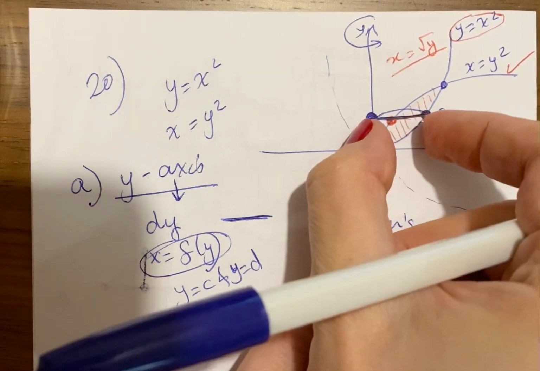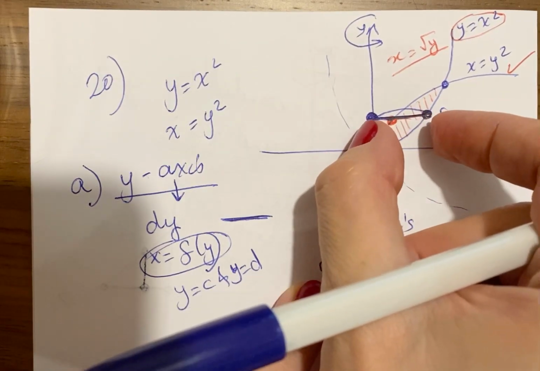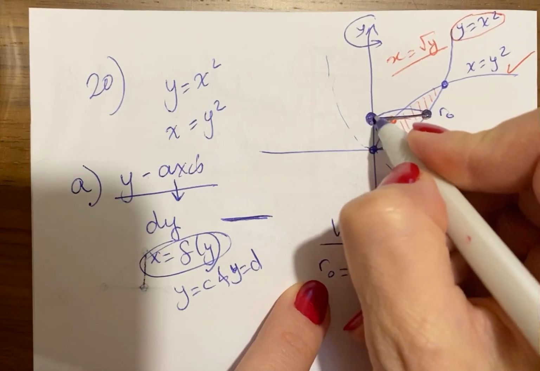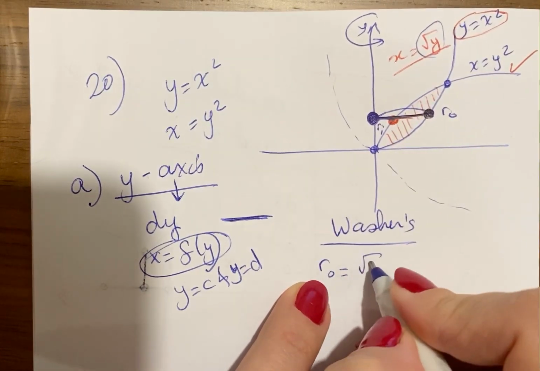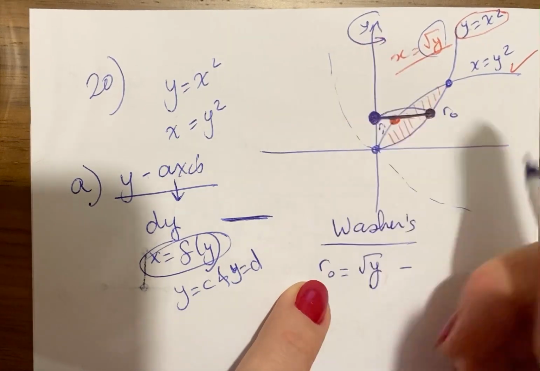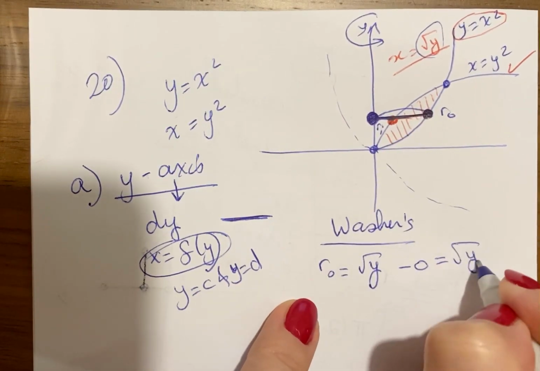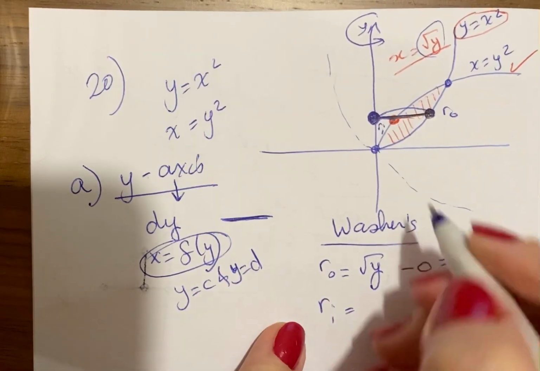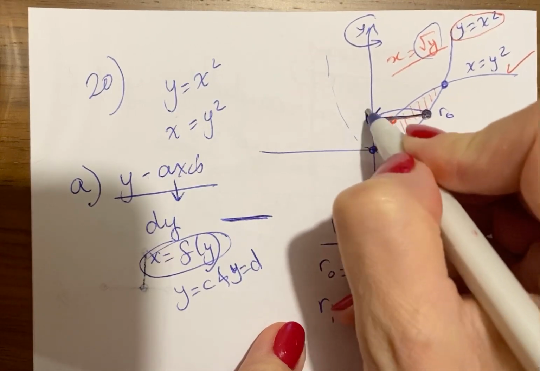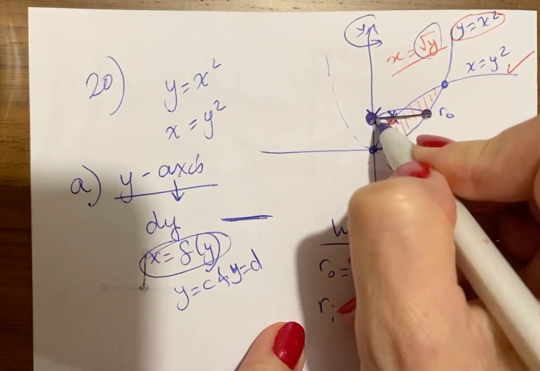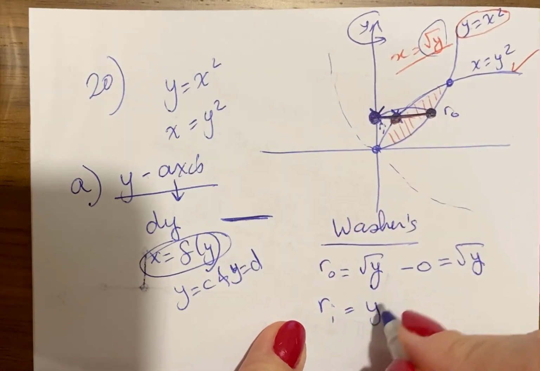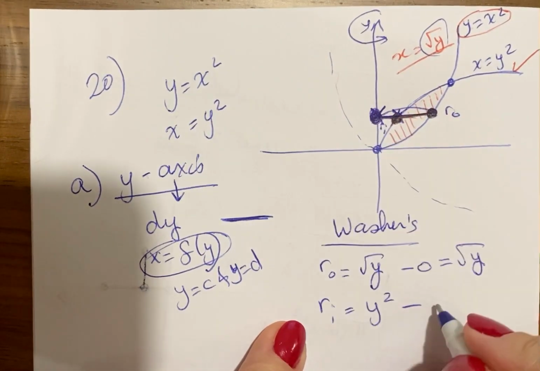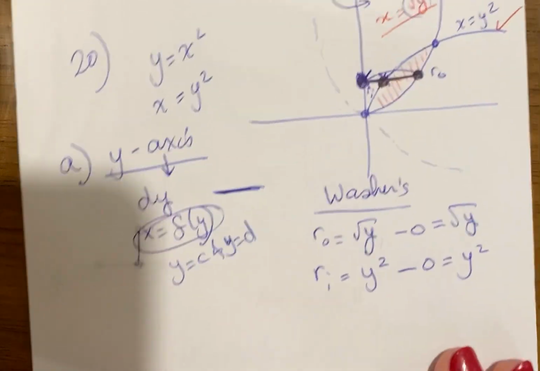Any horizontal segment has a length equal to x2 minus x1. x2 here is root y. x1 is on the y-axis, so it's 0, so the answer is root y. The inner is this piece only, from here to here. It has x2 on this function, which is y squared, minus x1, which is 0, so we get y squared.